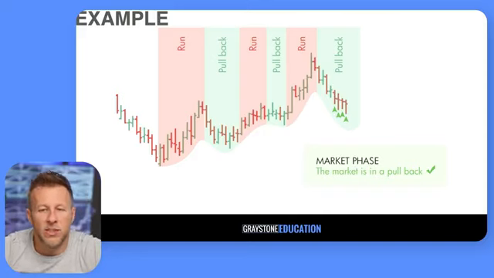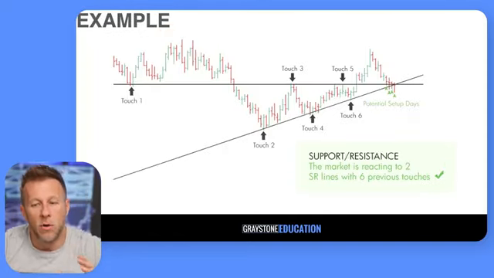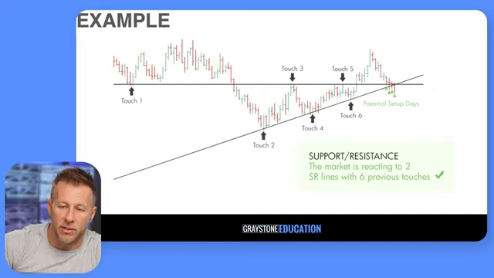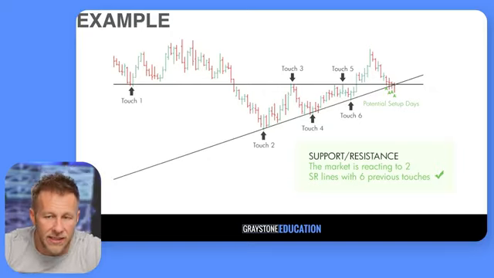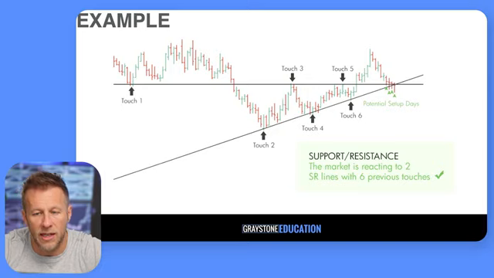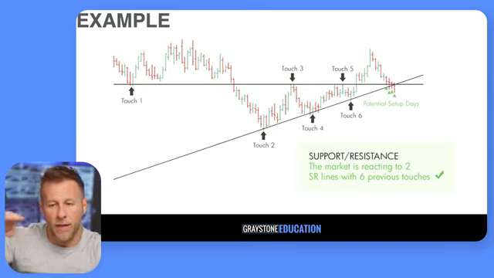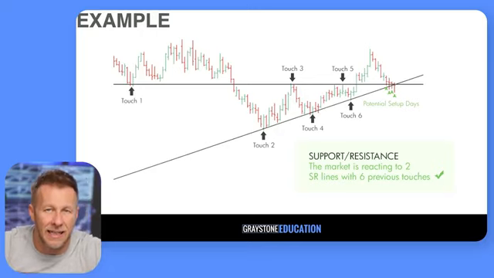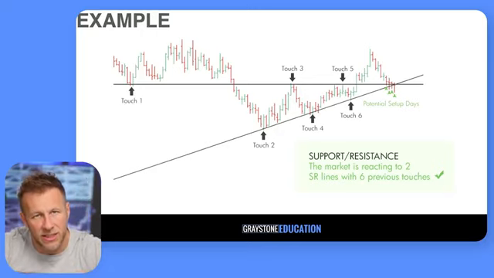The next thing is we zoom out and we look for support and resistance, and the market's reacting to many touches of that level. We've got 2 support and resistance lines with 6 previous touches. So we've got the horizontal and the angular here with 6 previous touches, okay, as we push into that zone.